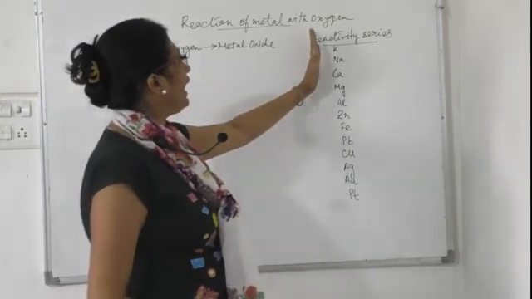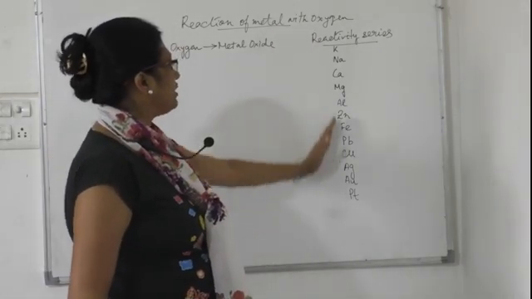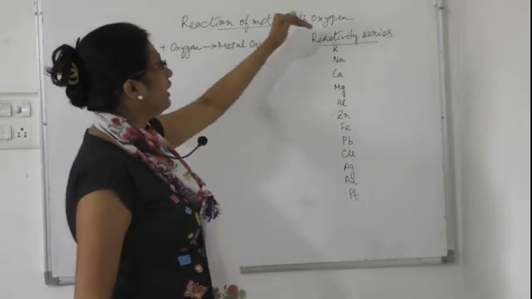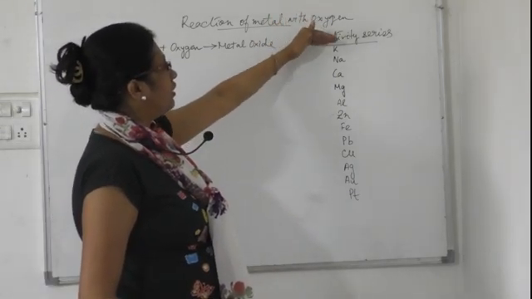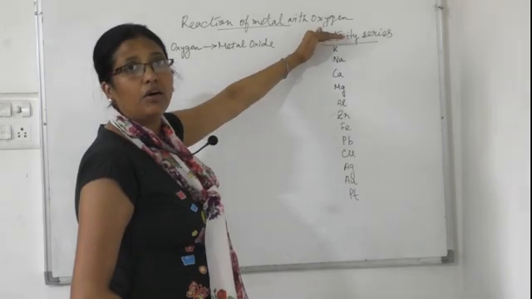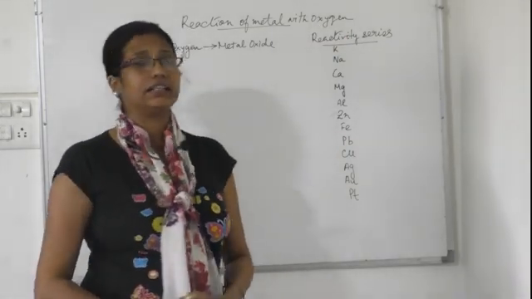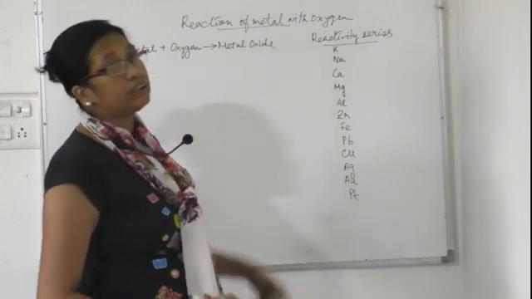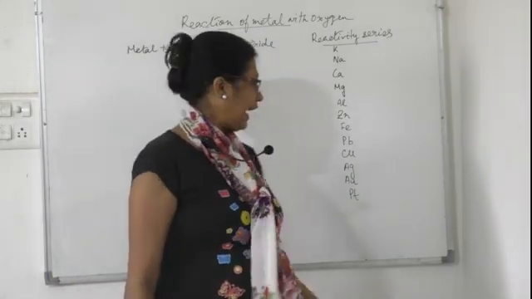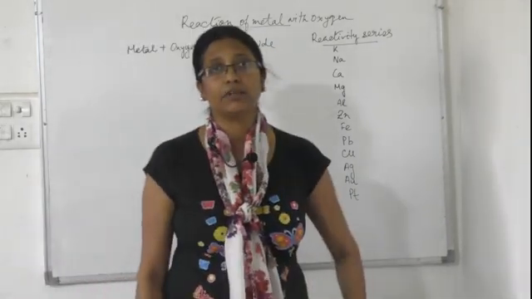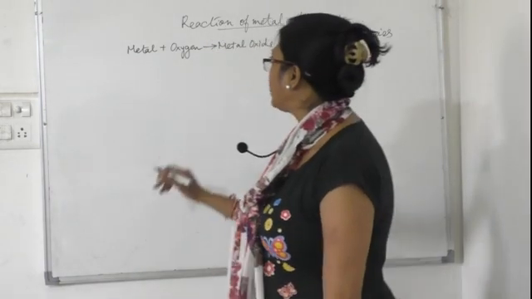Now here I have shown you the reactivity series of metals, where the upper level is the most reactive metal and the lower level is the least reactive metal. That means potassium is the most reactive metal and platinum is the least reactive metal. So let's start with potassium.